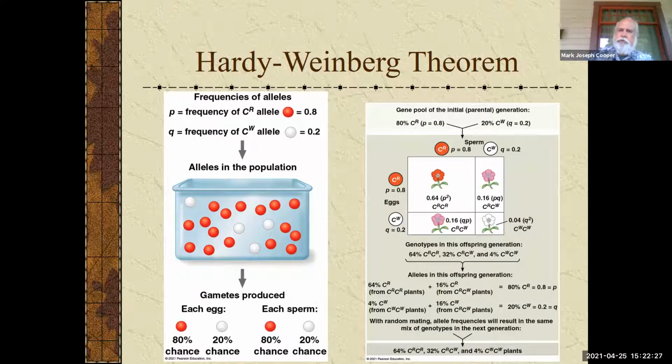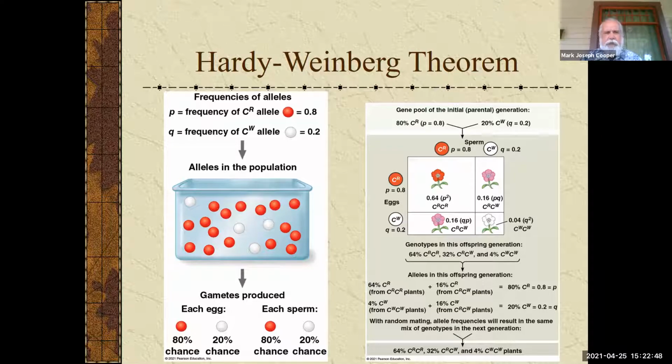But I do want you to realize what we're kind of talking about when we use this theorem or theory. And so what they're trying to show you, over on the left, is the frequency of the R allele. So they're looking at the dominant allele versus a recessive. How many red circles do we have versus white circles?